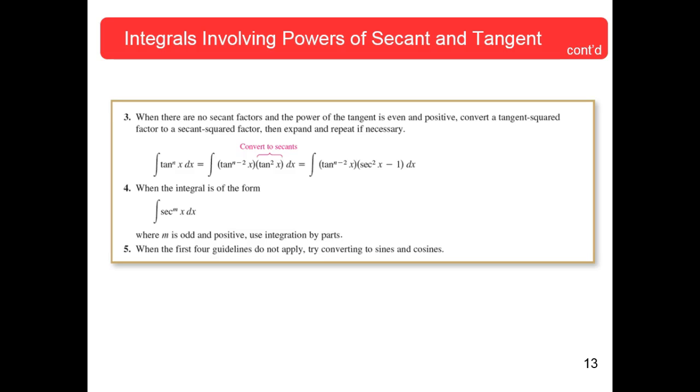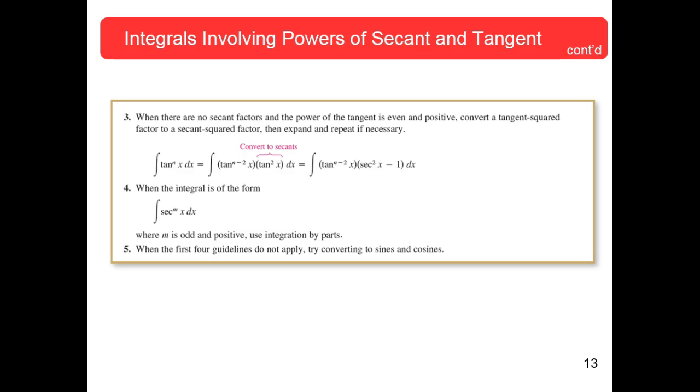You break it into one secant and the other powers of secant that will be even, because m is odd. So we'll do this. An integration by parts, you'll see when we do the examples. So let's do that. Hard to talk about them without having some numbers out there.